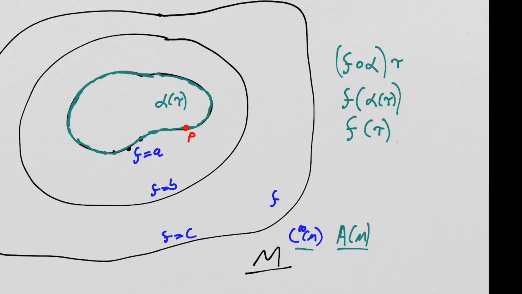But I could name a new function called f of alpha, where I put the alpha down there. And that's just another way of writing f after alpha. So this guy is a function from the real line to the real line. So is this guy, right? These are all the same. It's kind of absurd that I'm writing it this way. This is a function from the real line to the real line.